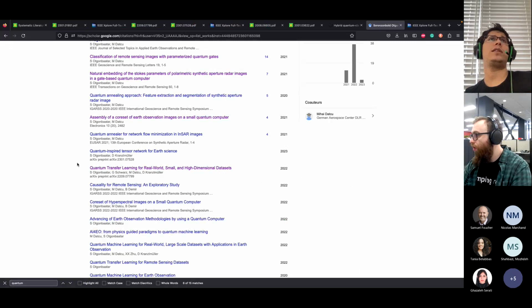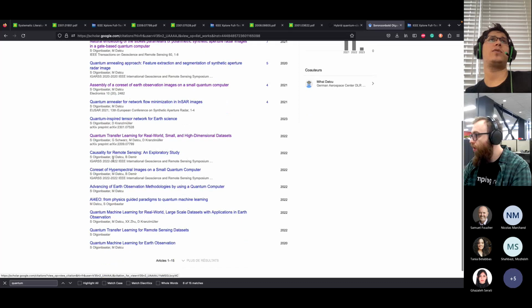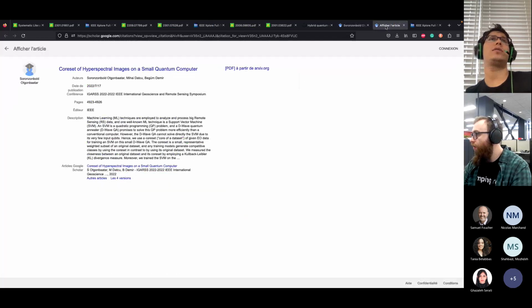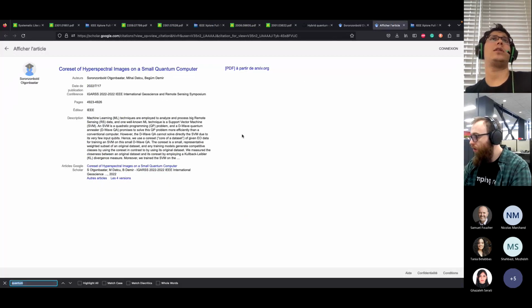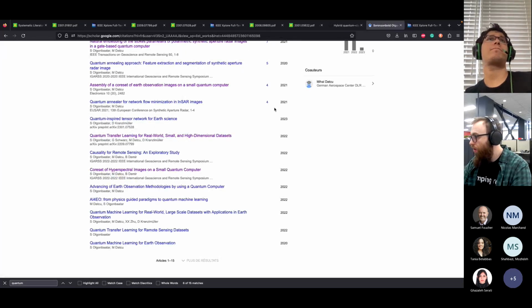The next one is causality for remote sensing, core set on a small quantum computer. Let's see if they use annealers. Okay, now in the abstract I found D-Wave and QA, so we can discard this one.